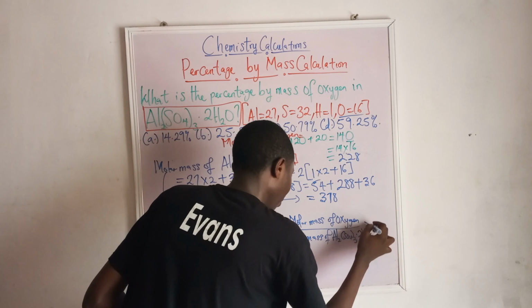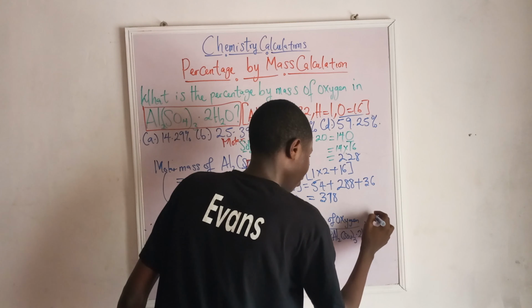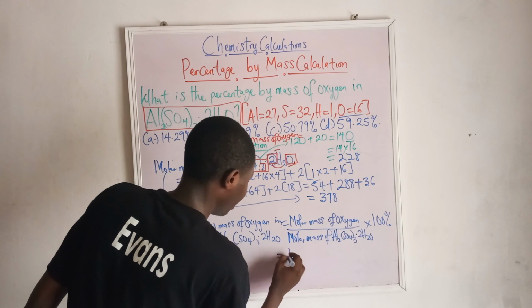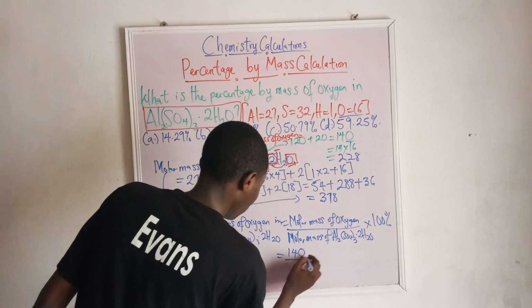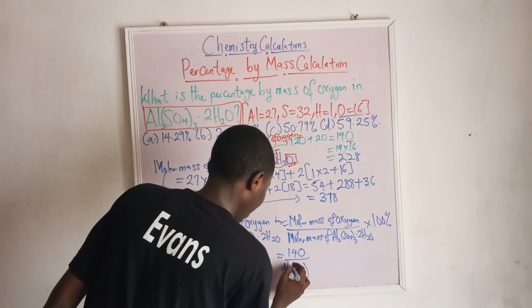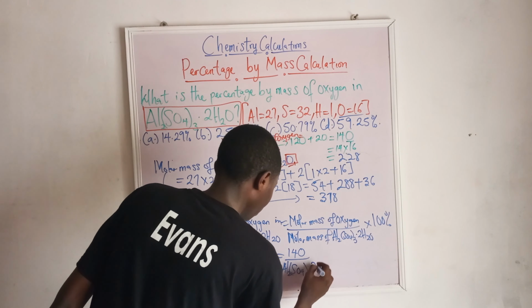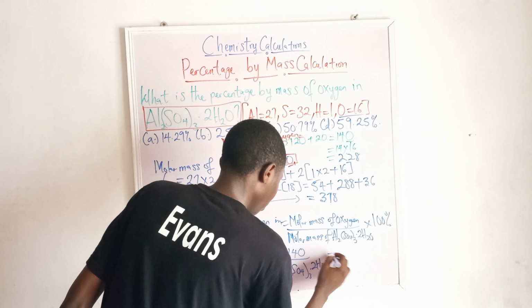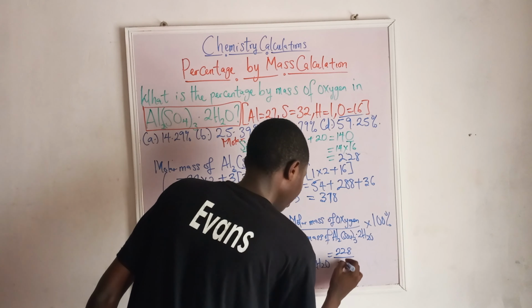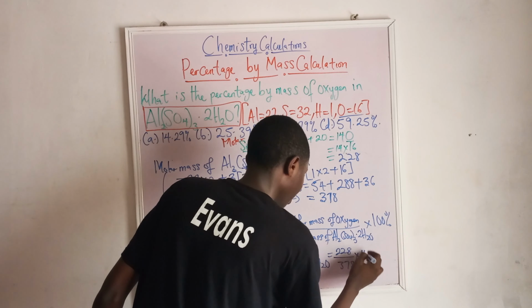So you now multiply by what? By 100%. So which also means that that's 14 oxygen over Al2(SO4)3.2H2O. So what do we get in that aspect? 228 over 378 times 100%.